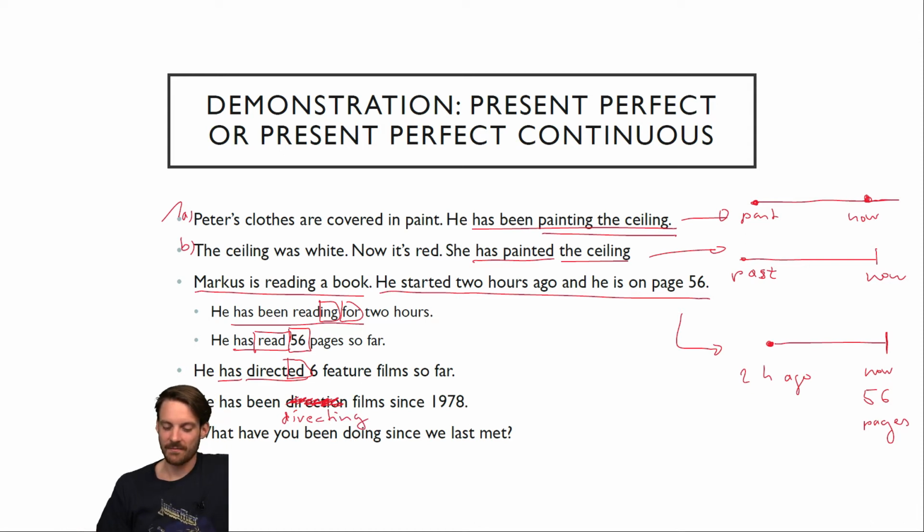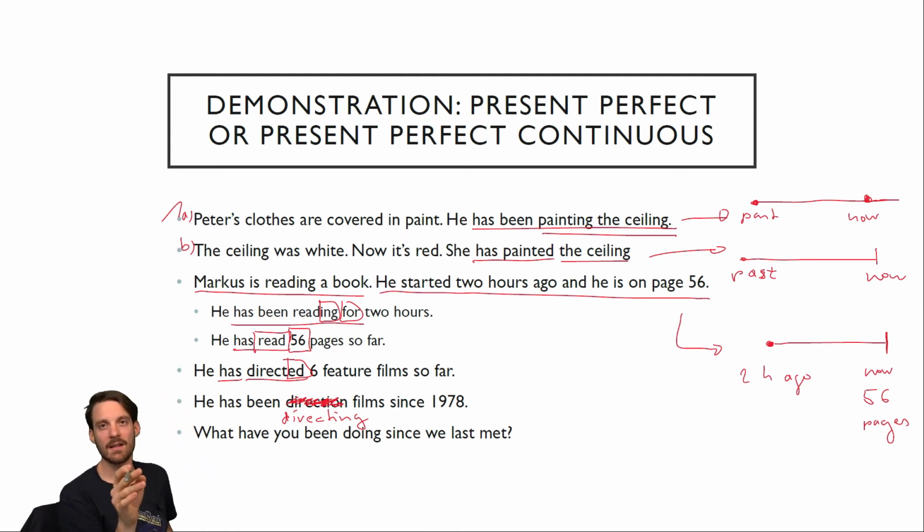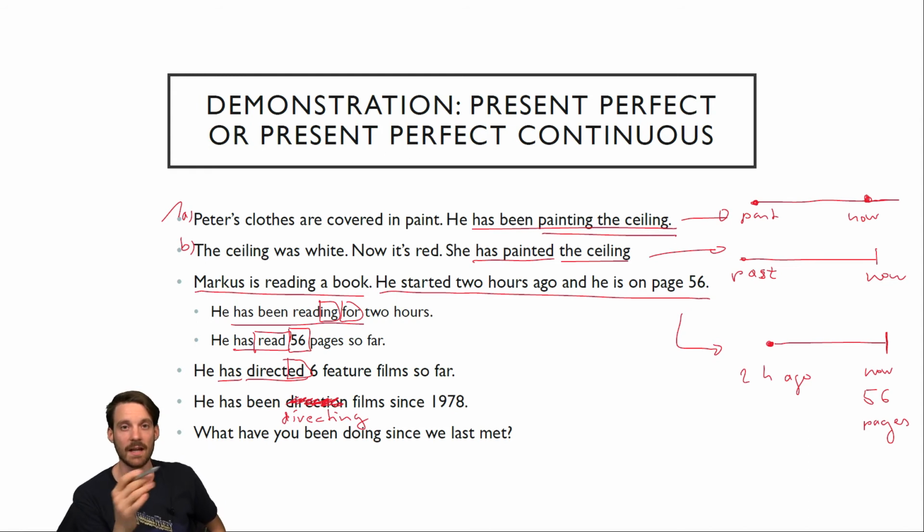Yes, he has been directing films since 1978, which also indicates that he is still alive, and he might direct more films, or it is the focus on the directing.